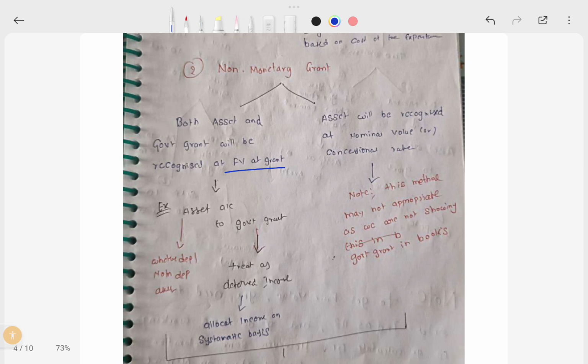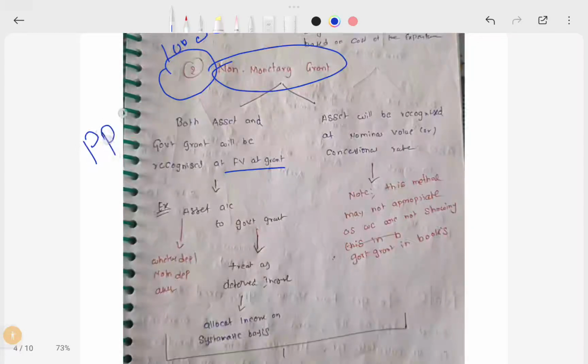In the earlier case, they provided 100 crores as a benefit to you, but in this case a non-monetary grant means they directly gave property to you, property and equipment. They gave 500 crores of machinery value to you, so they spent the money to the vendor, and there is no vendor negotiation by you.